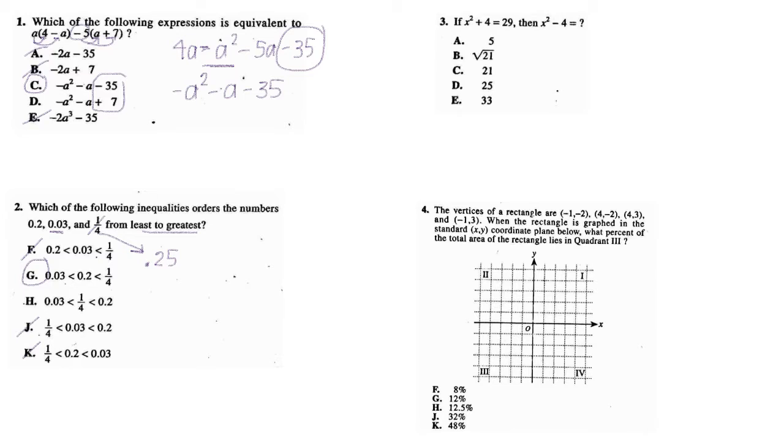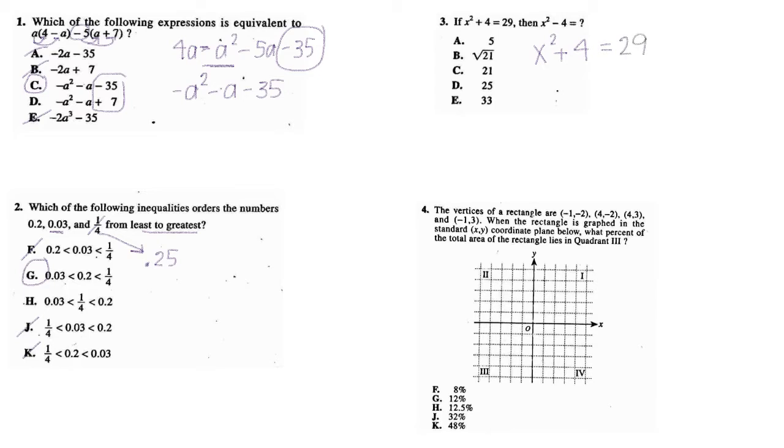Okay, moving on to number 3. Now number 3, we need to figure out what is x squared minus 4? A lot of times people really rack their brains over trying to solve for x and then replug in. And that's not really necessary here. Let's take our x squared plus 4 equals 29.